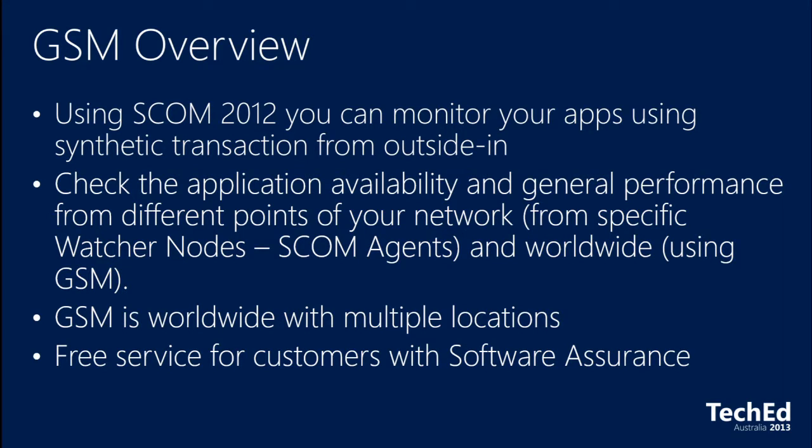You can set it up to monitor response time and different metrics within response time, so you can see if the DNS is taking a long time to respond, or the page load, or the actual request for the URL. So you can see quite a bit of information in there.